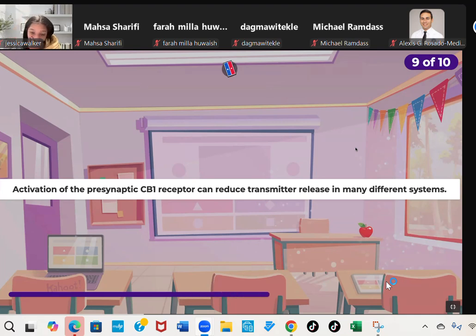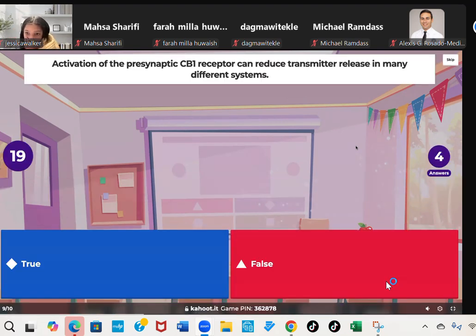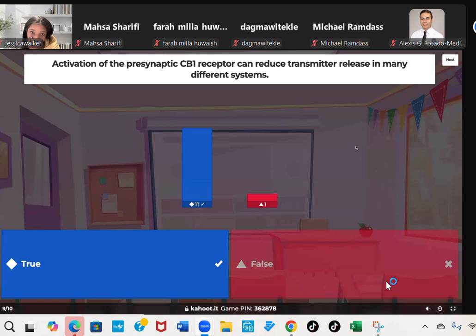So this is a question related to CB1 receptors. Yes, so it can reduce. Okay, so that is really the take-home message, among other things there.